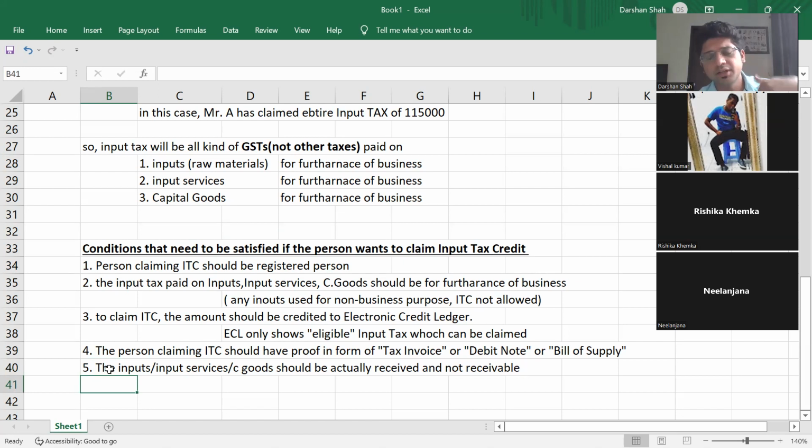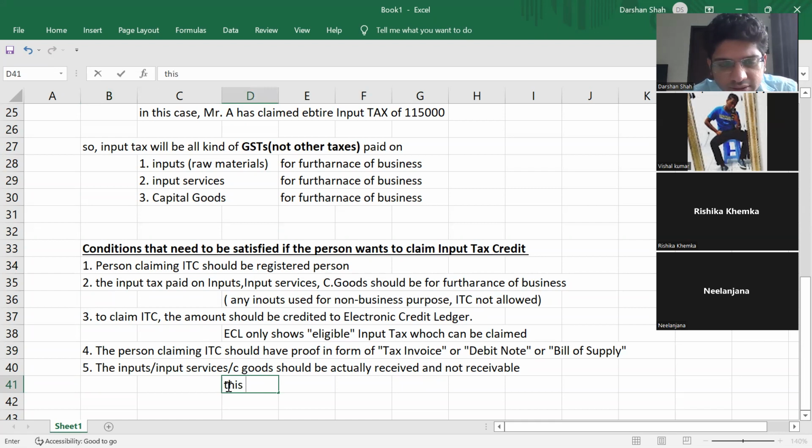Meaning if the delivery is in the future, then even if I have already paid input tax, I cannot claim that input tax. Even if it is for the business, I cannot claim it. So it should be actually received.